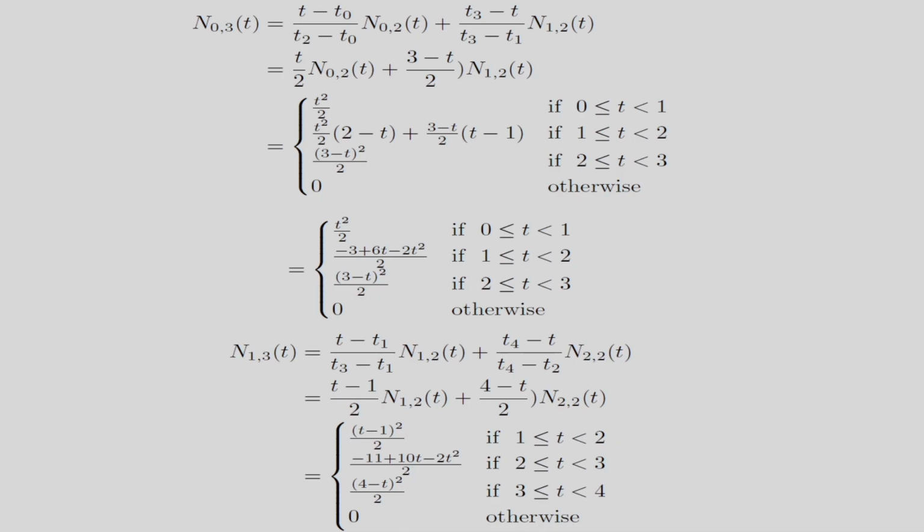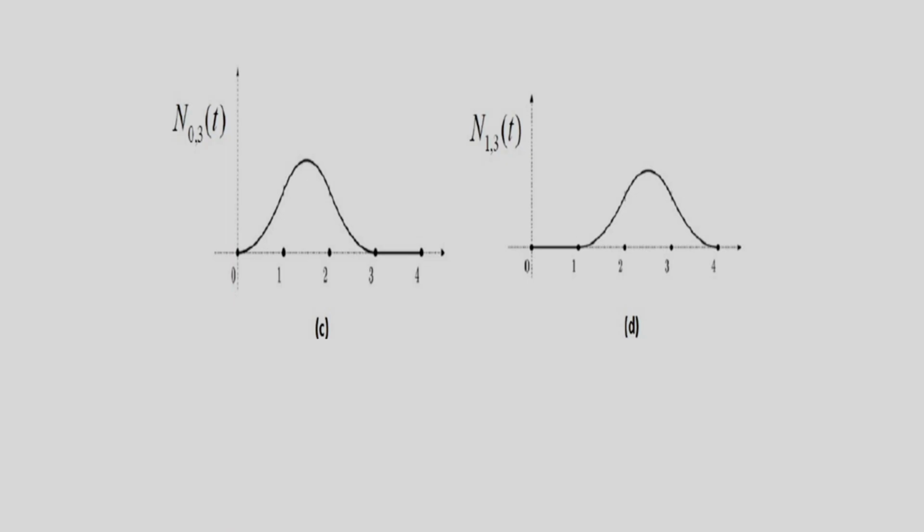N03 is nothing but the B-spline of order 3, and N13, that is the shifted version, I can determine. Now if you see these functions N03 and N13 in the next slide, one is N03, another one is N13, corresponding to the previous equation.